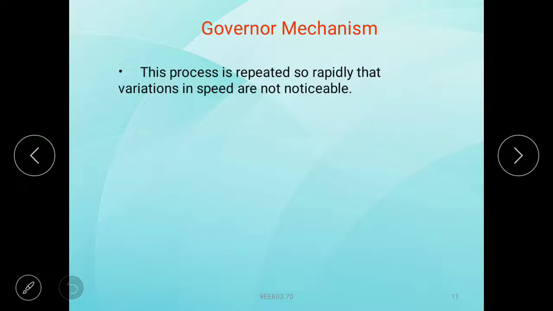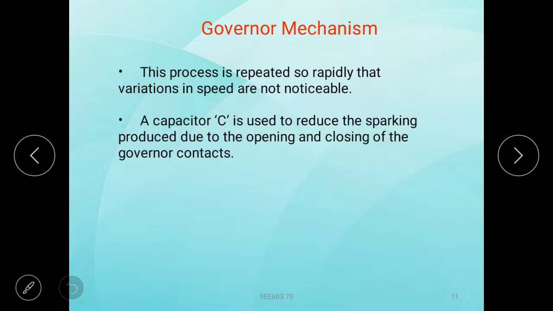The capacitor C is used to reduce the sparking produced due to the opening and closing of the governor contacts.